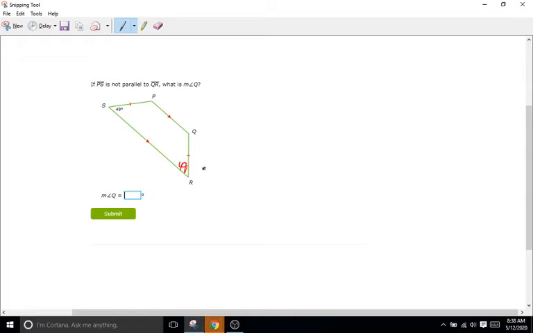And all four angles have to add up to 360, okay? Meaning P and Q are going to be the same. So I'll just say those are equal to X and X. So we're going to do 49 plus 49 plus X plus X. And that, again, is going to have to equal 360 degrees. So 49 plus 49 is 98, plus X plus X is 2X, and then equals 360.